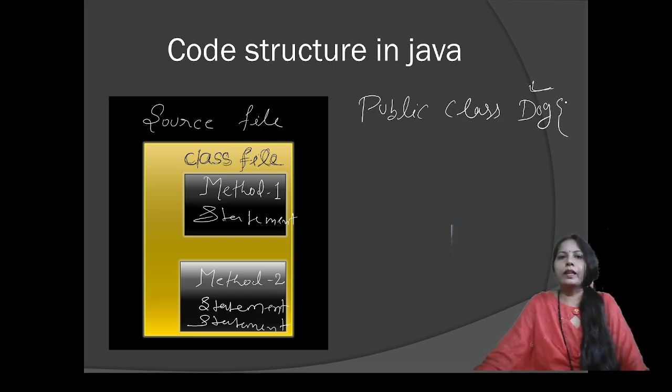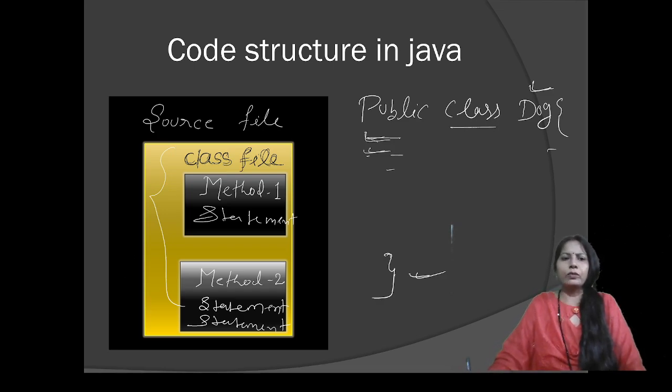This is your class name, and the class must go within the curly brackets. As we discussed, it contains a piece of your program, a piece of your statements. You may also declare multiple classes, but for any application a single class is sufficient.